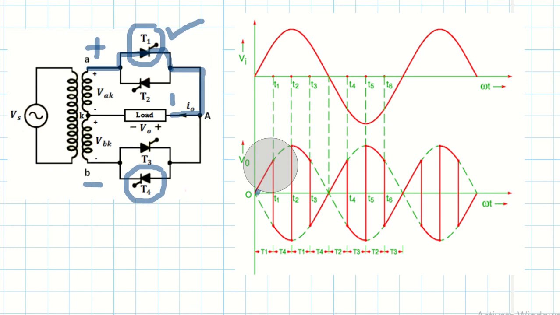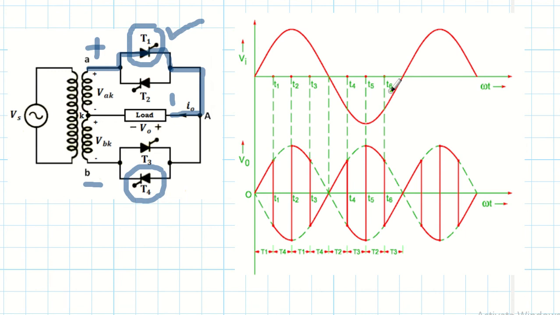Before moving forward, I want to discuss this wave. What I have done over here, this is our sine wave. I have divided this sine wave into 6 time periods: T1, T2, T3, T4, T5, T6. And at different instants, I will be opening and closing the thyristor switches.